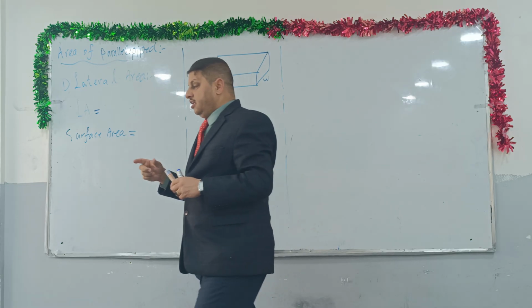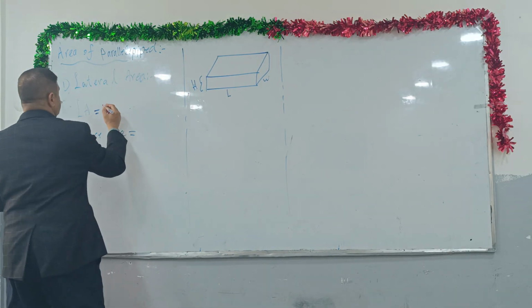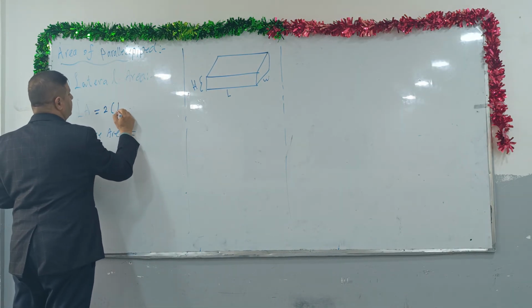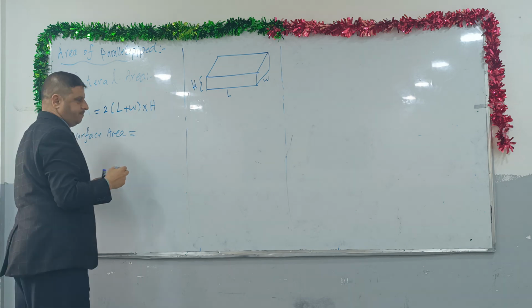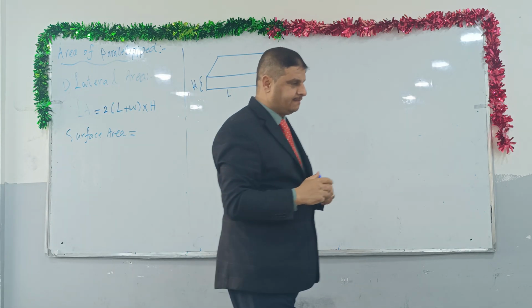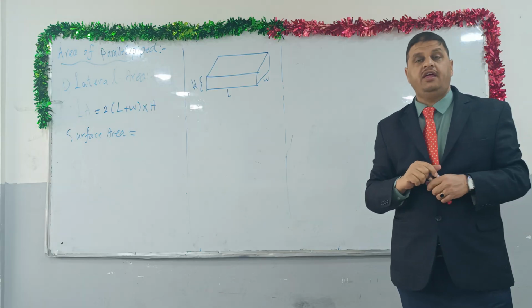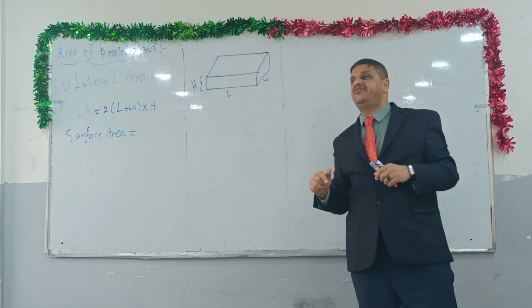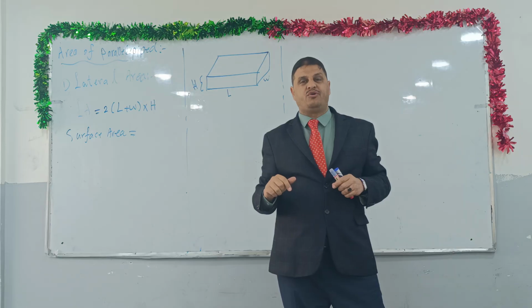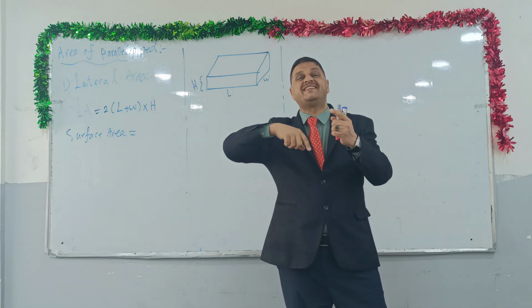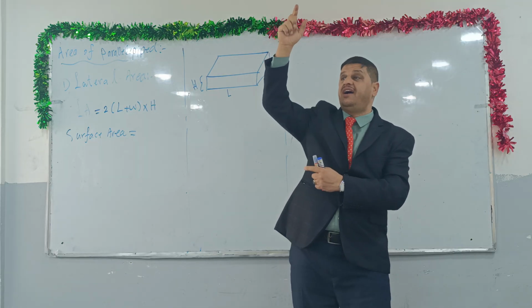Thus, the lateral area equals 2 times length plus width, all times height. The lateral area is the perimeter of the base times the height.